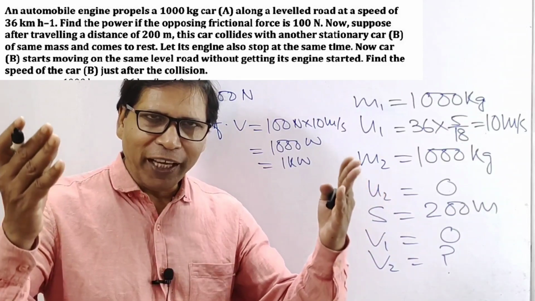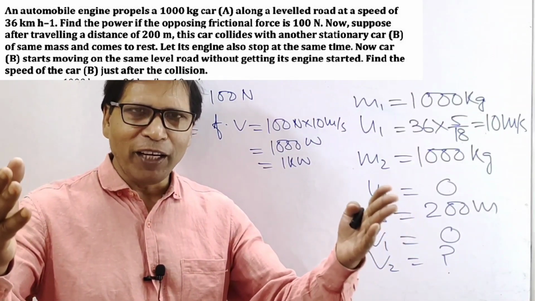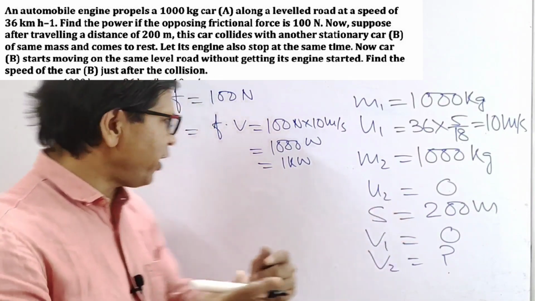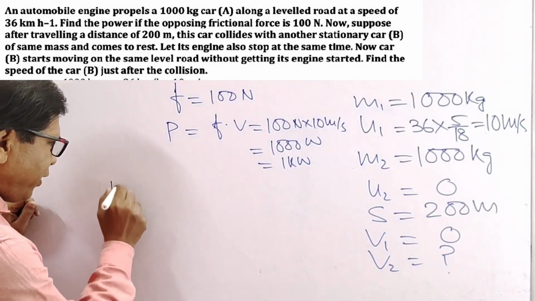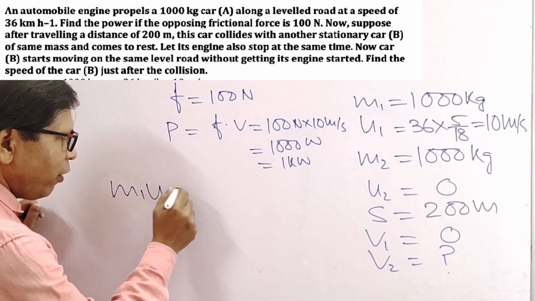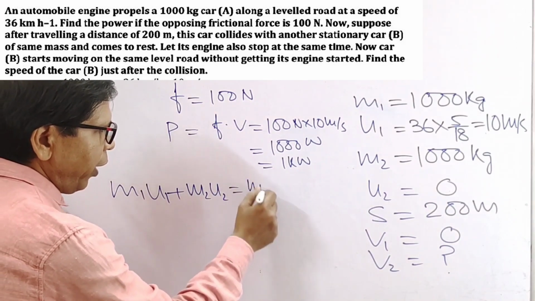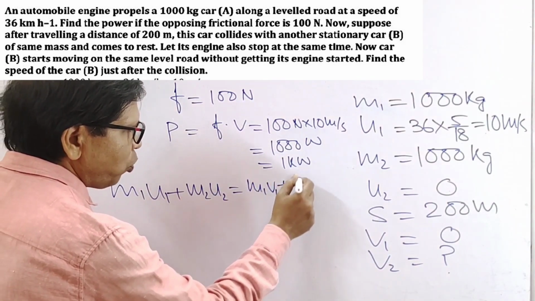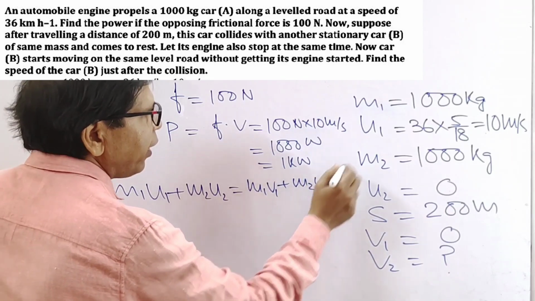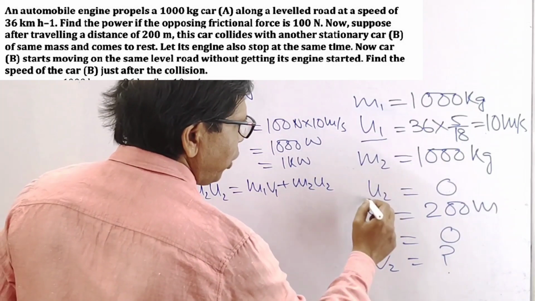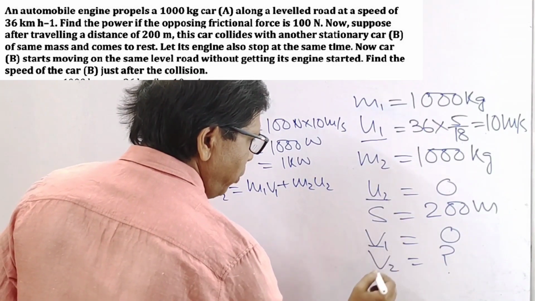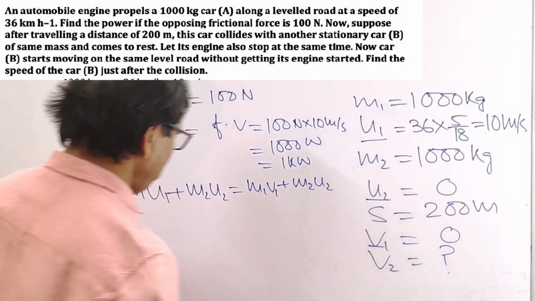Now if we apply the conservation of linear momentum, we get m1u1 plus m2u2 equal to m1v1 plus m2v2. Here u1 and u2 are given, v1 is given, and we have to calculate v2.